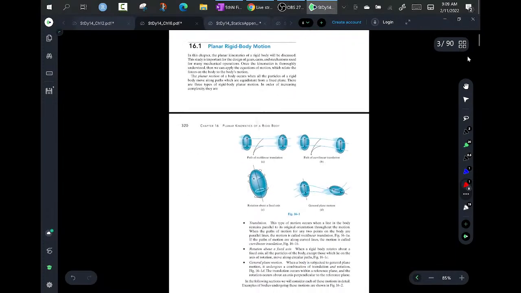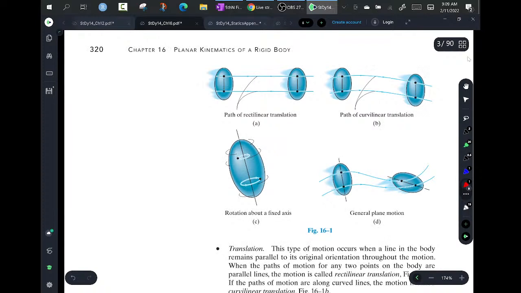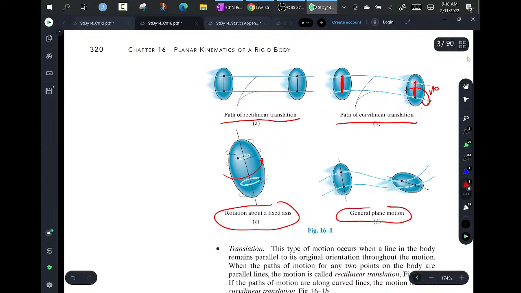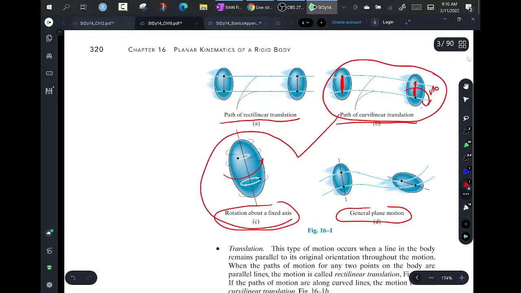So he talks about this, where you have rectilinear translation, curvilinear translation, where relative to each other, these points don't rotate. And then you got rotation in any particular way. And then you got general plane motion, which is essentially this one and that one combined.